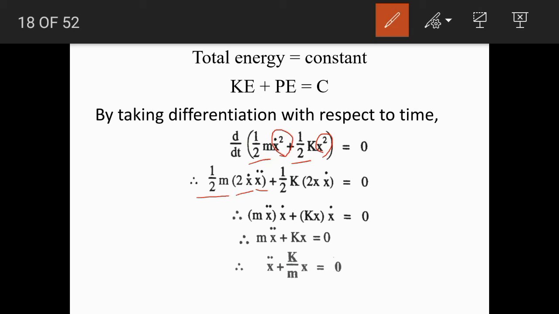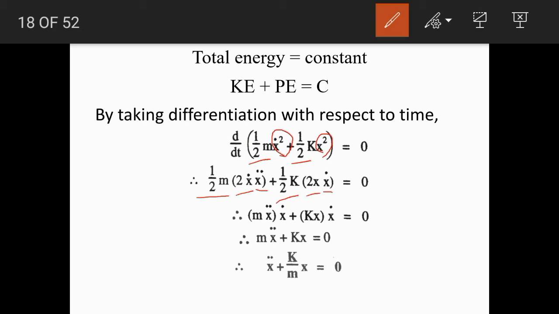The differentiation of x square is twice x into the differentiation of x, that is x dot, equal to 0.